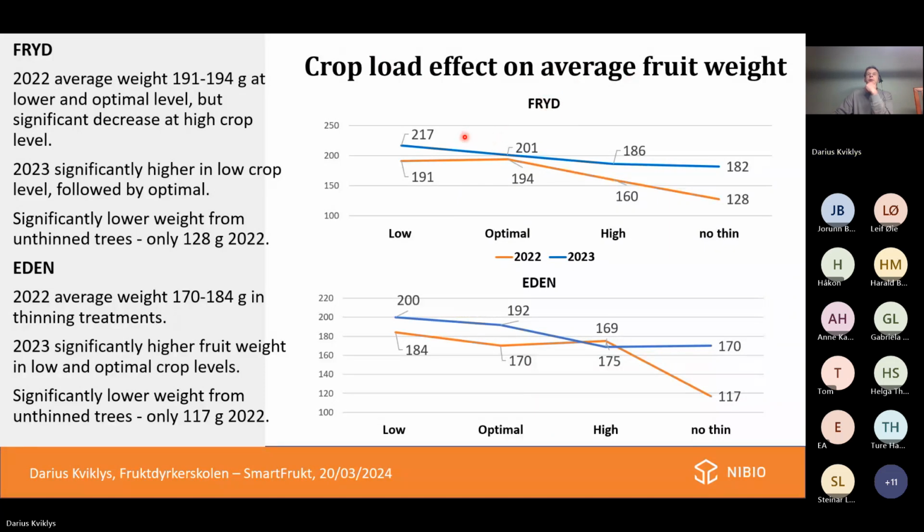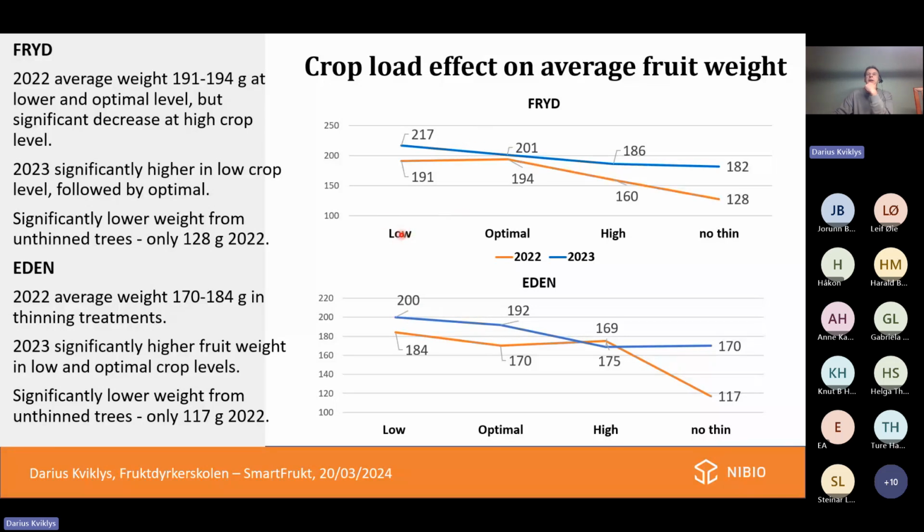There are 2-year results of the varieties Eden and another cultivar. As I mentioned, year 22 is the orange line. We have smaller fruits, as the year was not good for fruit growing, and in 23 we had both varieties with much larger fruits.